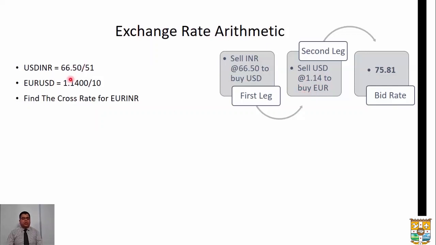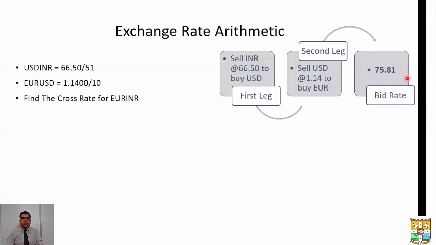Okay, so here by multiplying 66.50 and 1.14, we get the rate of 75.81. So that comes to be the bid rate for Euro INR that the market maker will quote. We got this rate by multiplying 66.50 with 1.14, and the rate comes to 75.81.